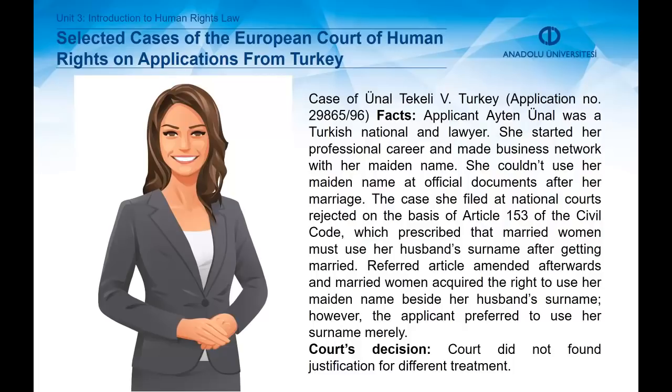The referred article was amended afterwards, and married women acquired the right to use their maiden name beside their husband's surname. However, the applicant preferred to use her surname merely. So the court didn't find justification for different treatment of Ayten Ünal.